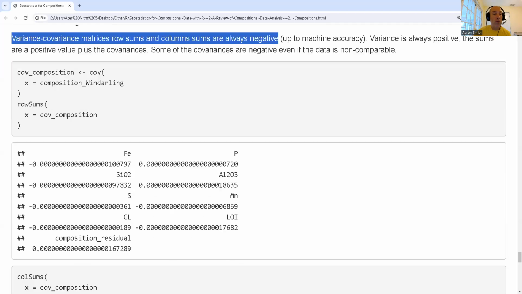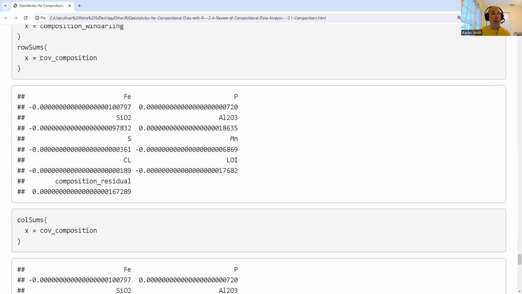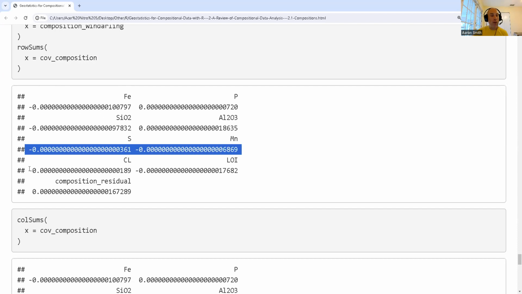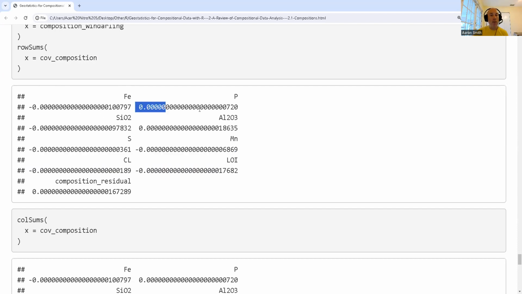Here, just to show you, I'm taking the covariance of the composition of all the values. If I take the row sums or the column sums, I'm going to get exactly the same value. And you'll notice I've got negative, negative, negative, negative, negative. Now these positive values, you'll notice, are really, really small.